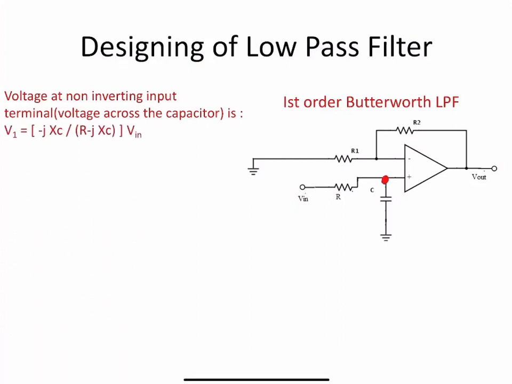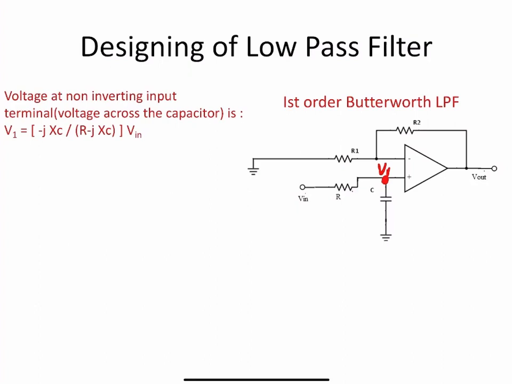This voltage is denoted by V1. V1 will be minus jXC over R minus jXC, times Vin, because the input voltage Vin is divided between these two elements R and C. Due to Vin, current flows through R, but no current will flow into the input terminals of the op-amp due to its very high input impedance.